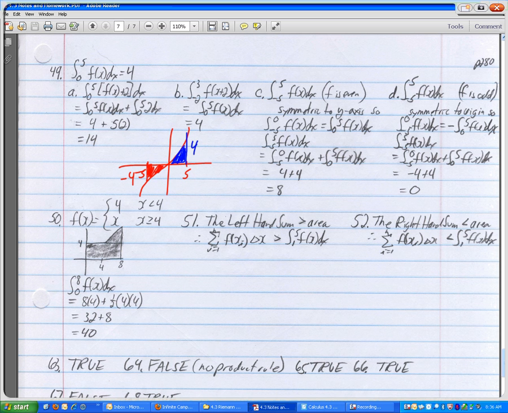All right, we're saying that half of it has a signed area that's negative. The other half of it has a signed area that's positive. They're equal. The absolute values of those are equal to each other. So the total of the integral is 0. I mean, the actual area would be 8, but the integral is 0. Okay? So that's a case where the integral does not represent the actual area of a region.